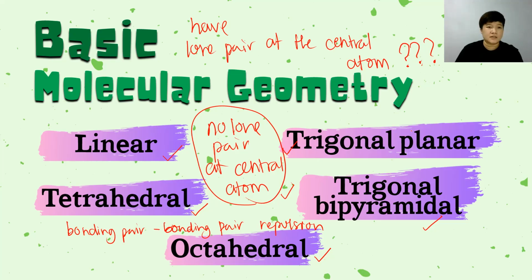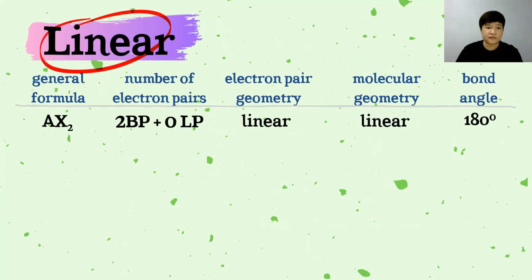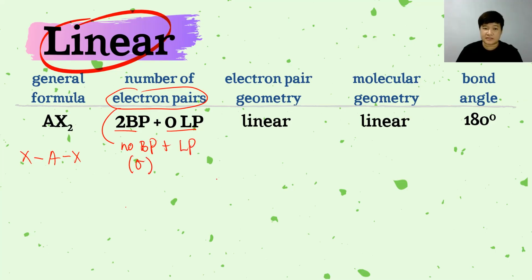Let's see. Let's start with the linear. This is some general information on linear. You know that it's an AX2, something like this. And then the number of electron pairs is 2 bonding pairs plus 0 lone pairs. Bear in mind, the formula for electron pairs is the number of bonding pairs plus lone pairs, where for the number of bonding pairs, you only need the count of sigma.